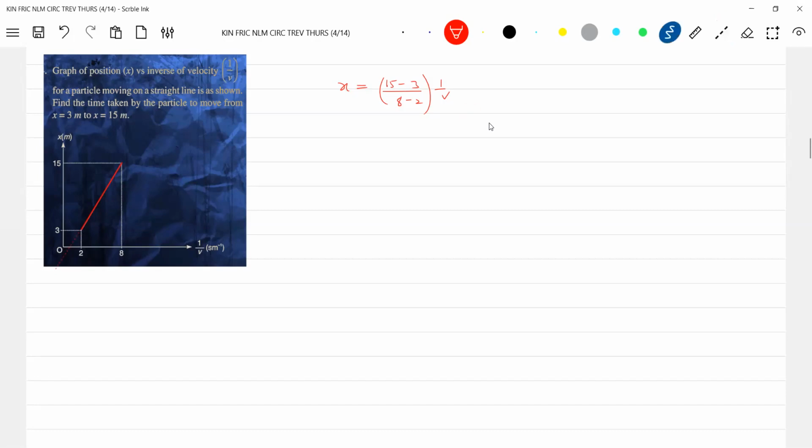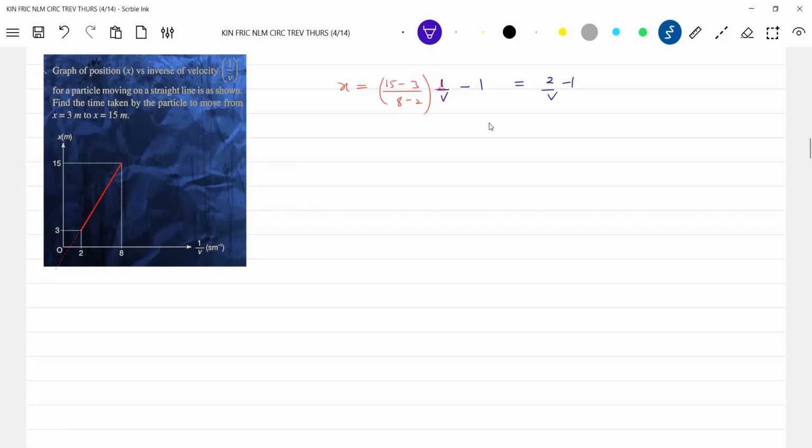Check it once. The value of the intercept is minus 1. So then everything becomes 15 minus 3, that is 12, 12 by 2 by v minus 1.